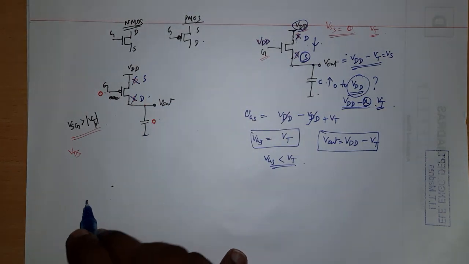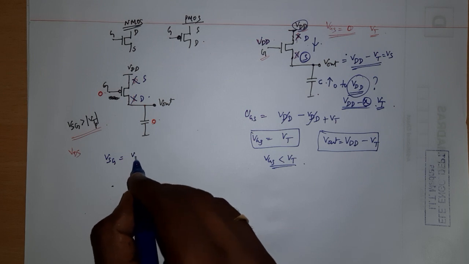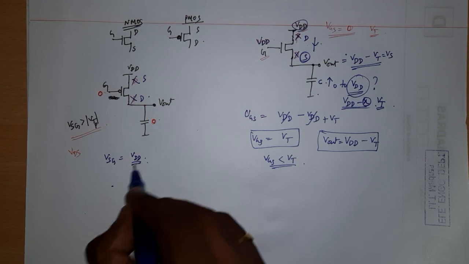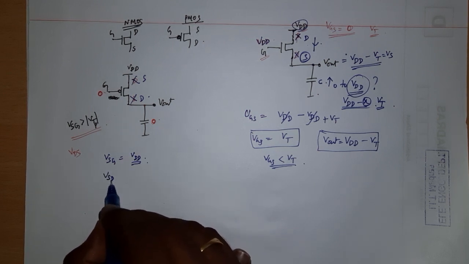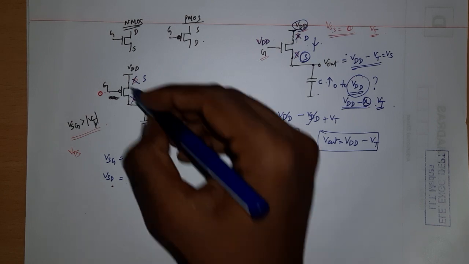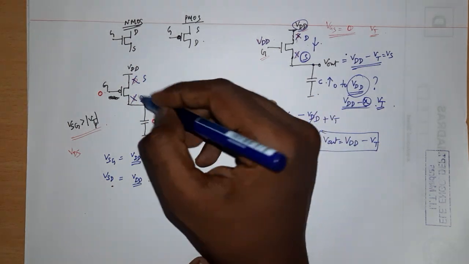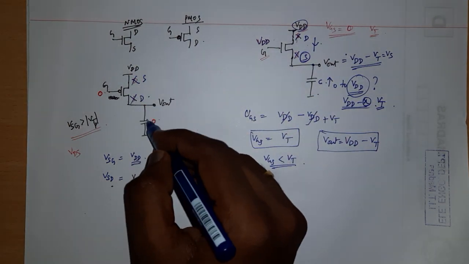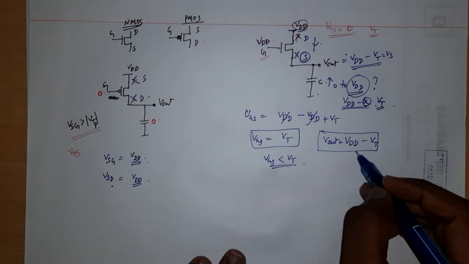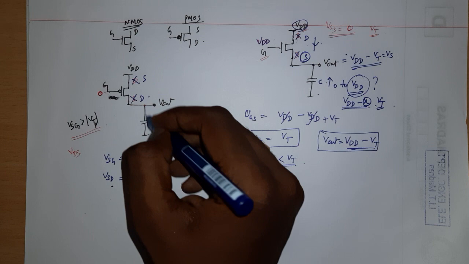If I do so, then VSG is equal to VDD, and VSD is equal to VDD also. So it will conduct smoothly and it will transfer the 1 here, and there is no issue like VDD minus VT, because PMOS is a very good conductor of passing 1.